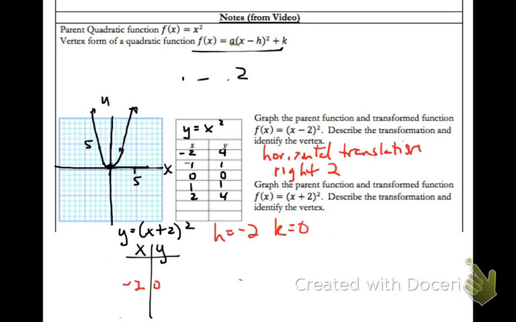And then I want to see two values to the left, in the negative direction, and I want to see what my graph is doing in the positive direction. So I'm going to place negative 1 in. I add 2, I get 1 and square it, and then 0. And the same for negative 3 and then negative 4. Now graph those values.